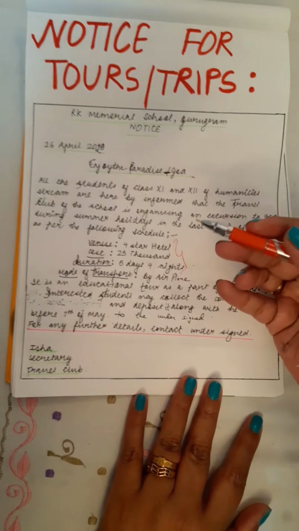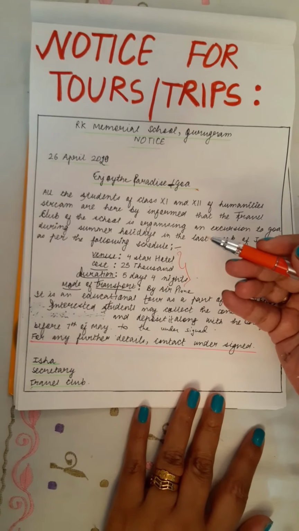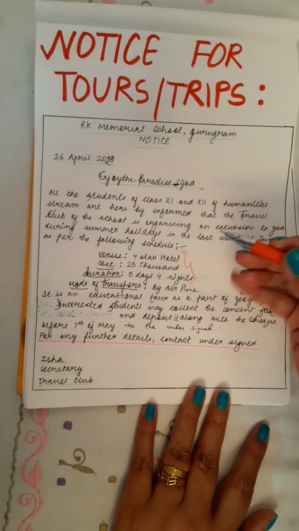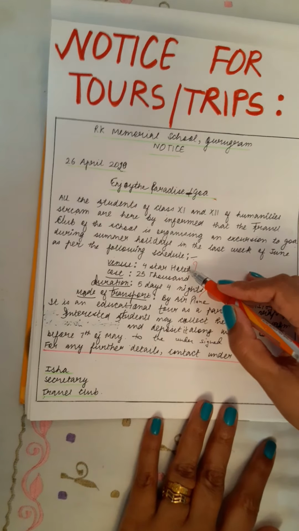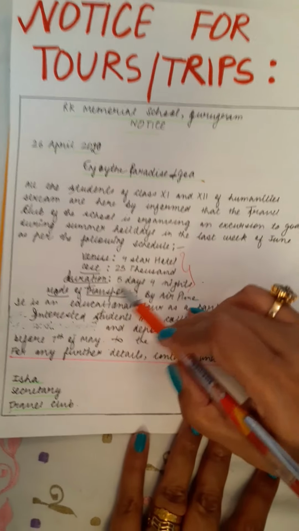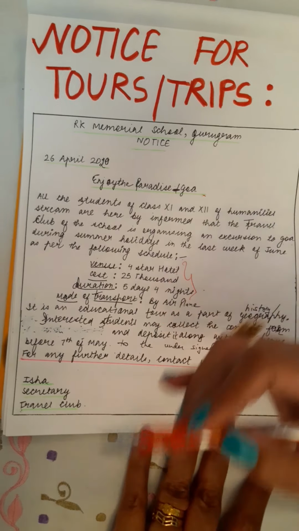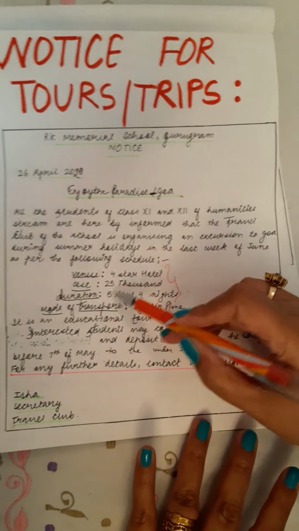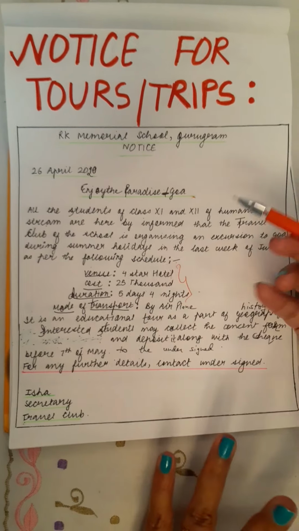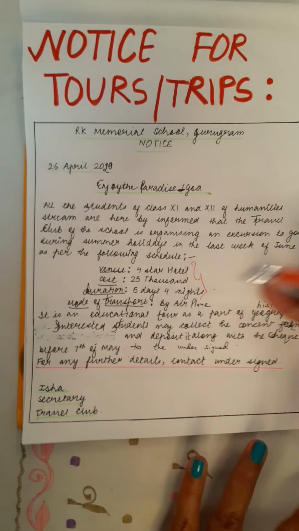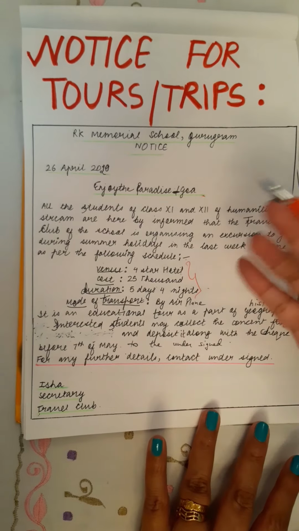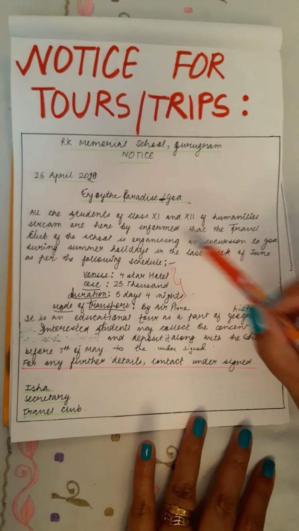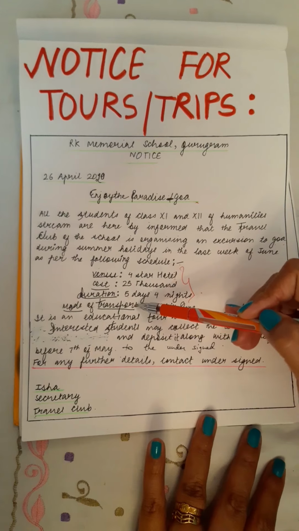This is the first and foremost detail. First they want to know about the cost and accommodation, and the duration. So for how long they are going to stay on that trip. So this will be a week, 5 days, 4 nights, anything you may write, or whatever is given in your question. Then mode of transport.